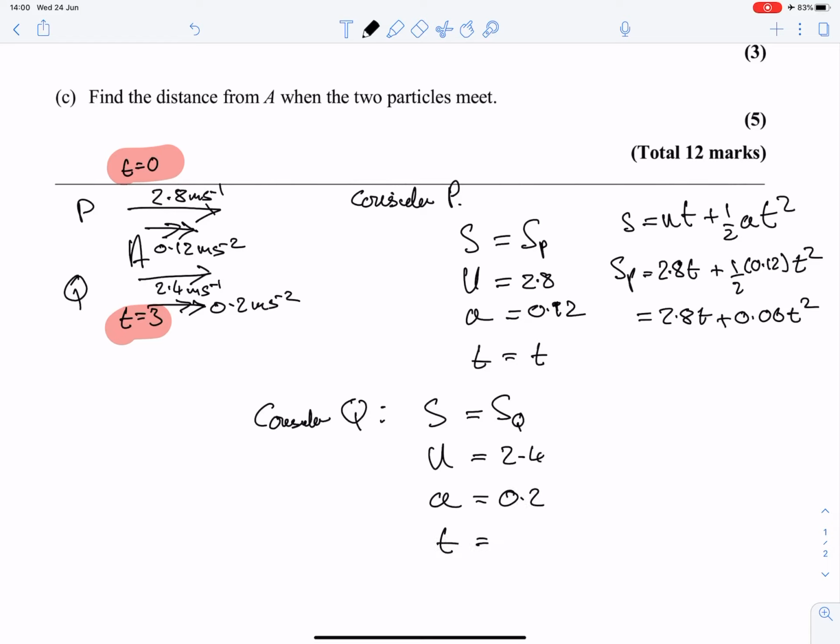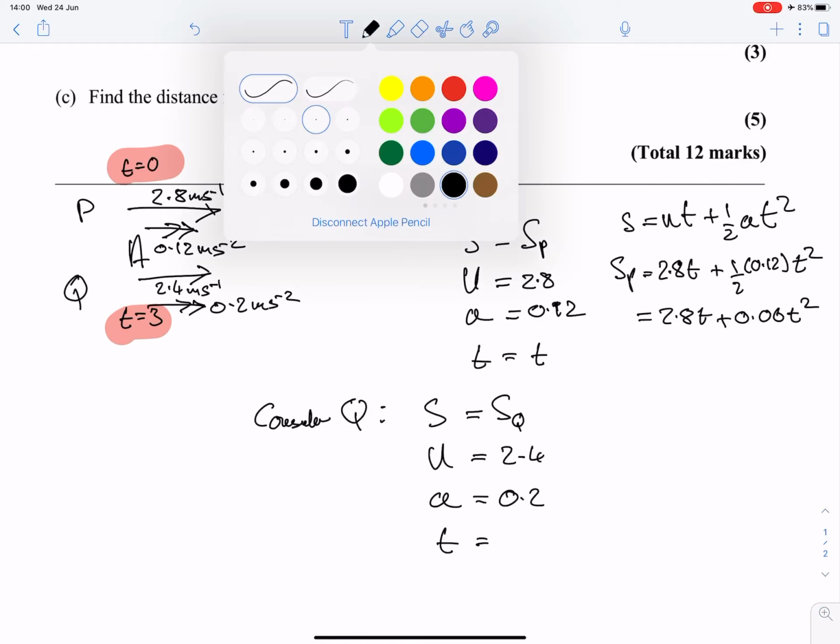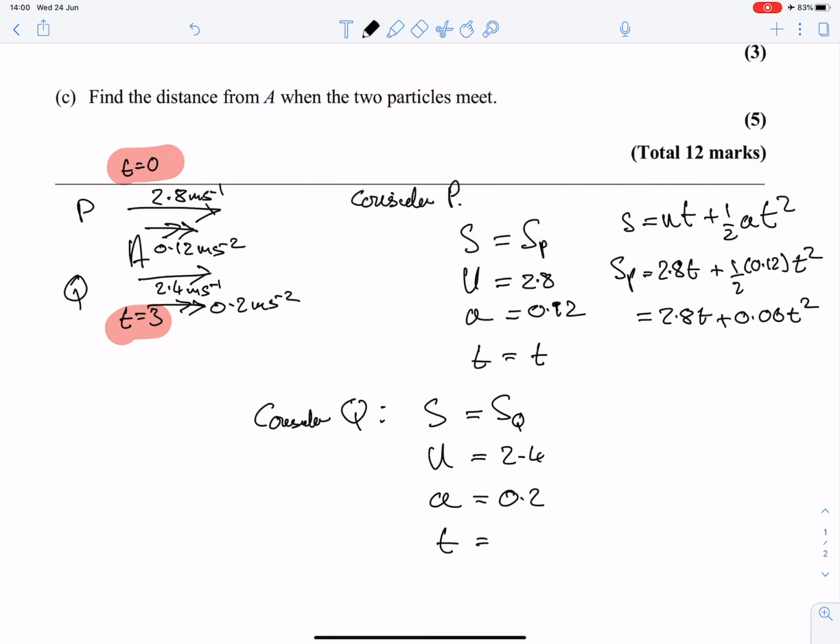And T, this is where we have to be a little bit careful, because we were told here that Q passes through the origin at T equals 3. So we need to say T is equal to T, the current time, and then take off 3.